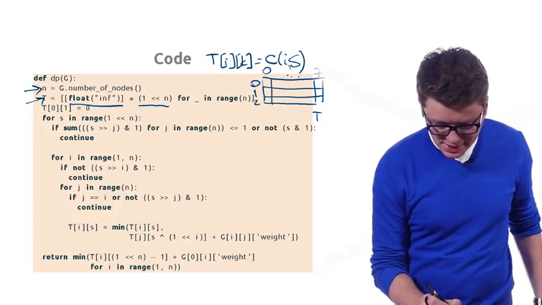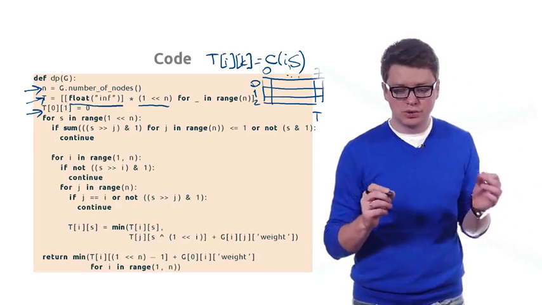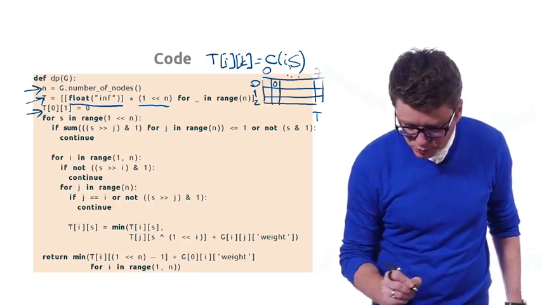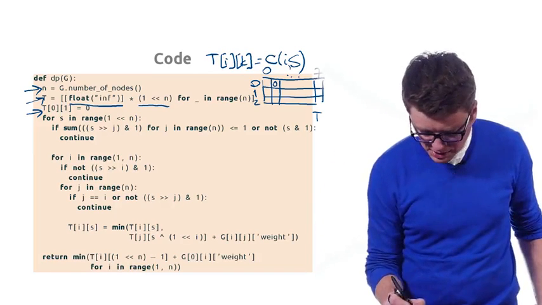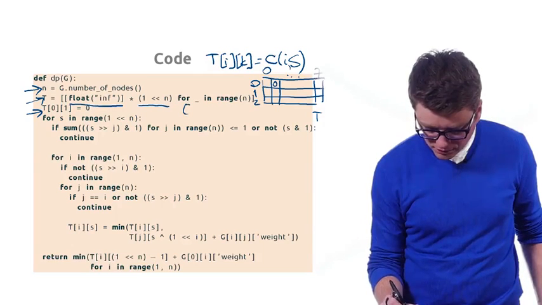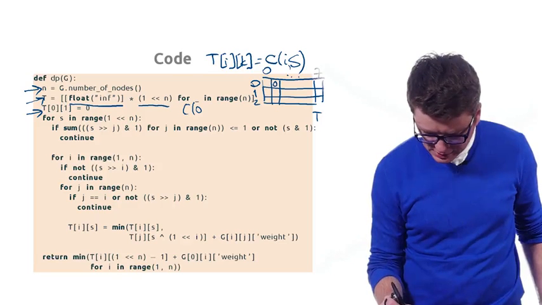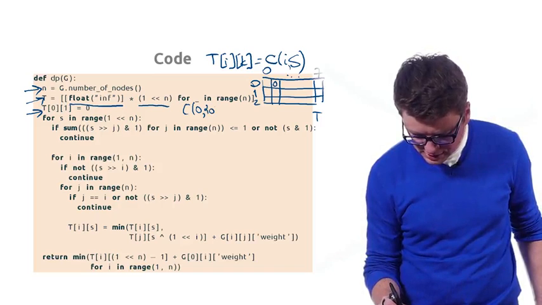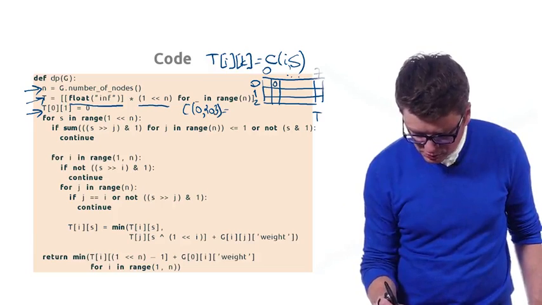Okay, the next line. In the next line we assign the value 0 to the cell T of 0, 1, namely to this particular cell. So we put 0 in this cell. What does it mean? This just reflects the fact that C of 0 and the set consisting of just the element 0 is equal to 0.